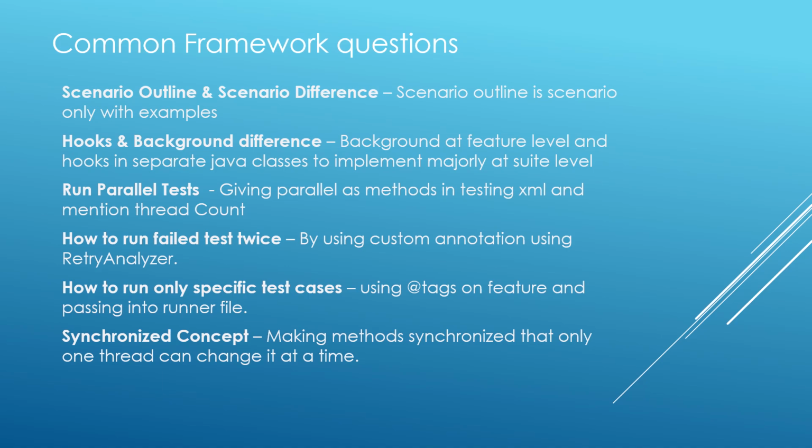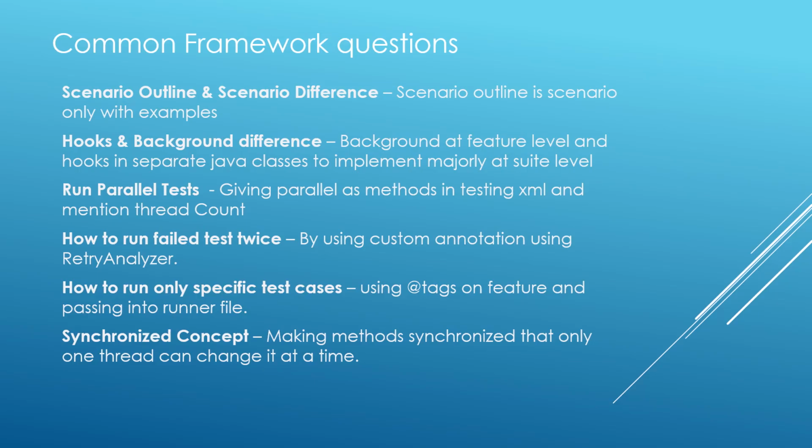So the interviewer can easily ask what is the difference between Scenario Outline and Scenario. Basically we use Scenario Outline when we are running a test case on multiple example sets. So Scenario Outline will always have multiple example sets, and Scenario is just a simple scenario. You will not have multiple data sets to run on that. So that is the difference.